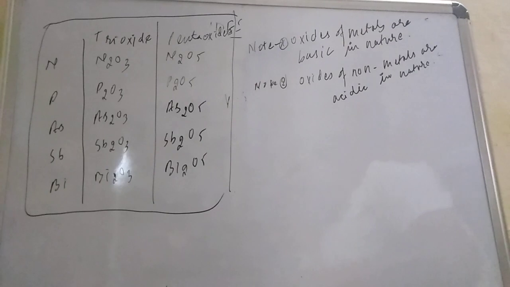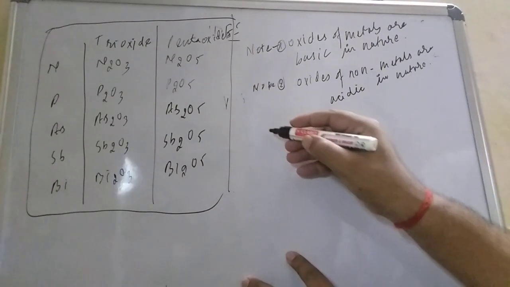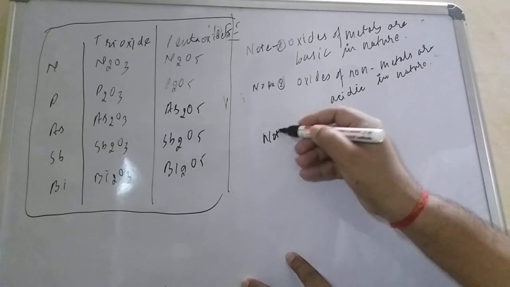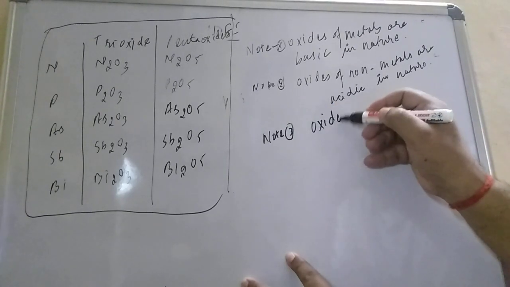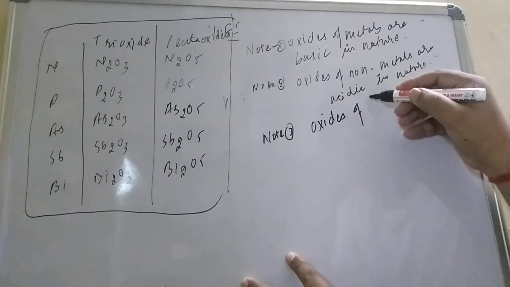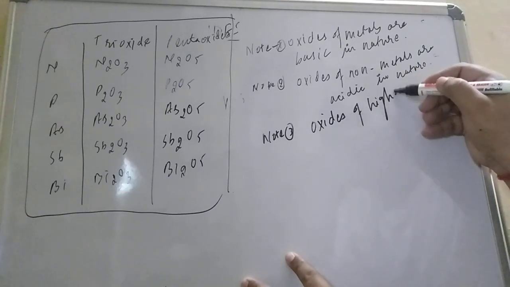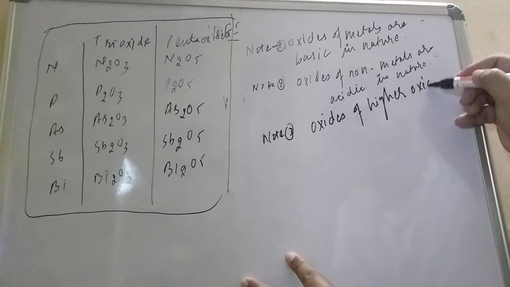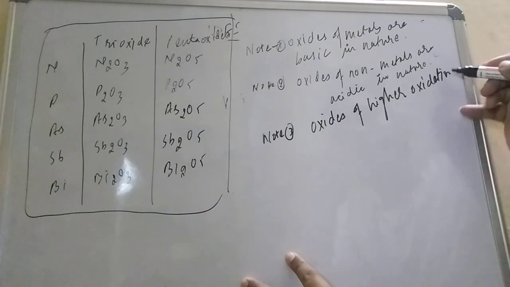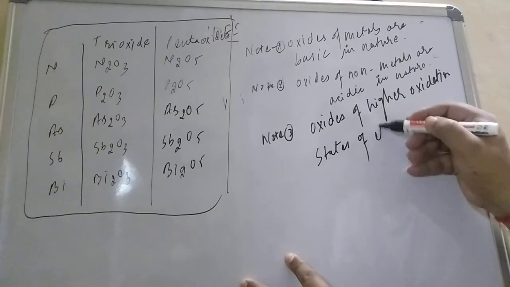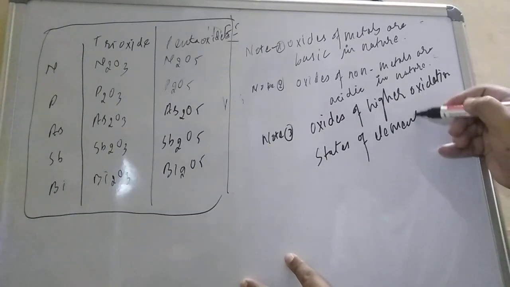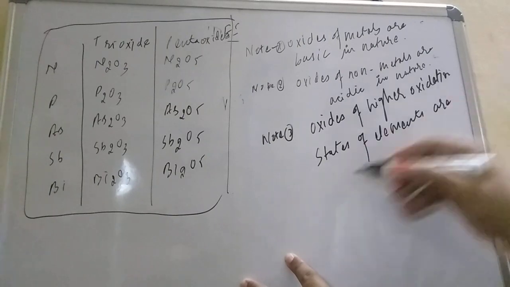Now, one more note, note number 3: oxides of higher oxidation states of elements are more acidic.